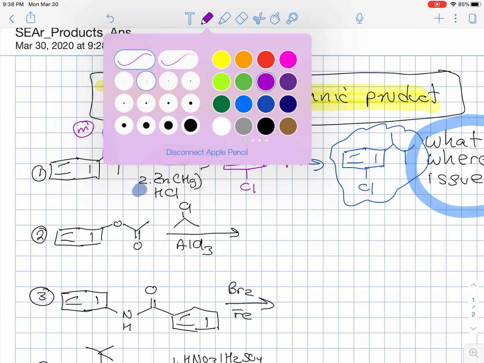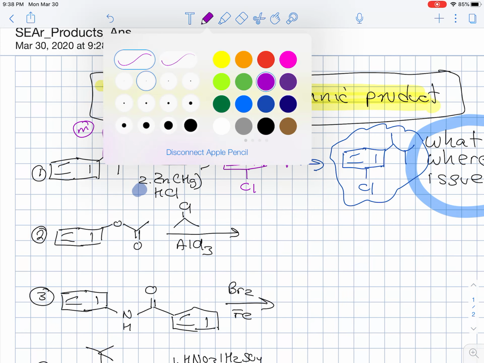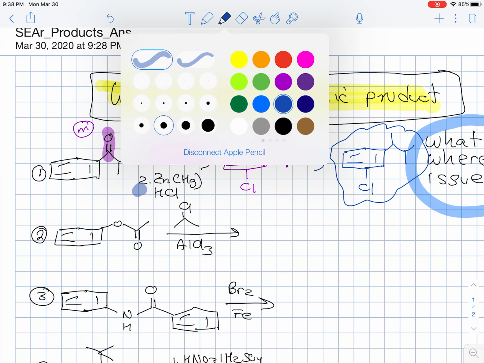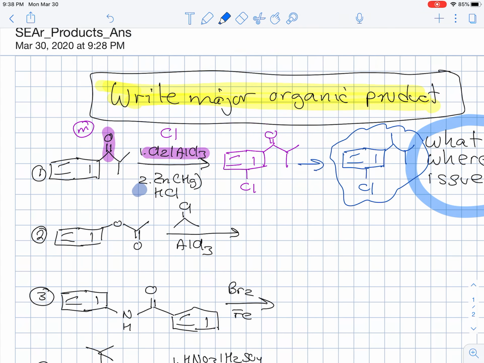Number two, we have this combination of reagents, and what that's going to do is add an alkyl group. And the existing group that we have on this is an ortho-para director.